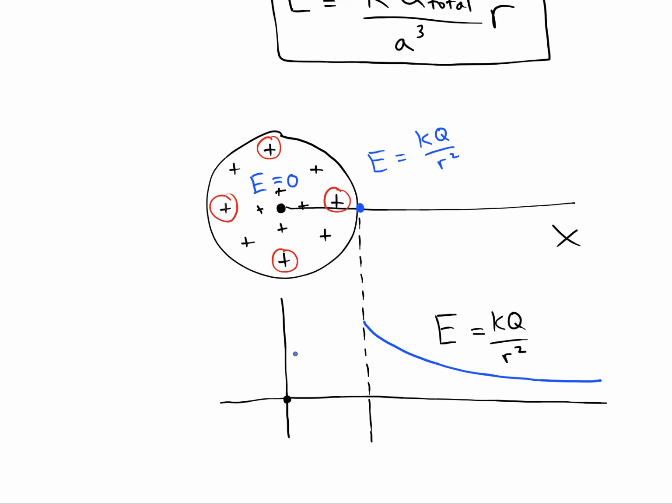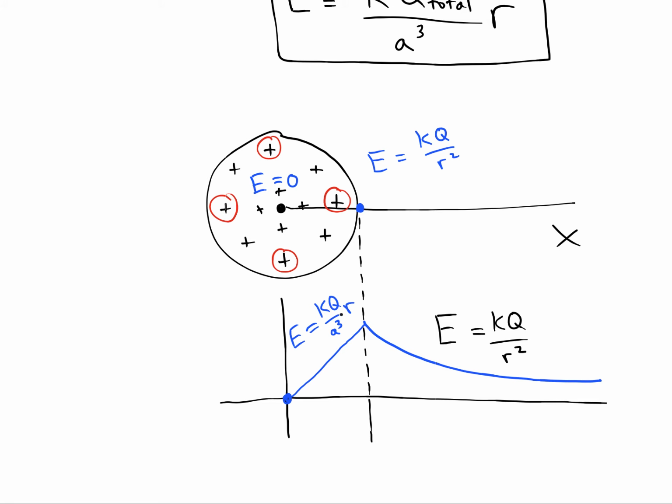But we also know that the field needs to be zero at the center, and it's going to vary linearly inside the sphere. E equals kq over a cubed times r. A is just a constant radius of our object itself.